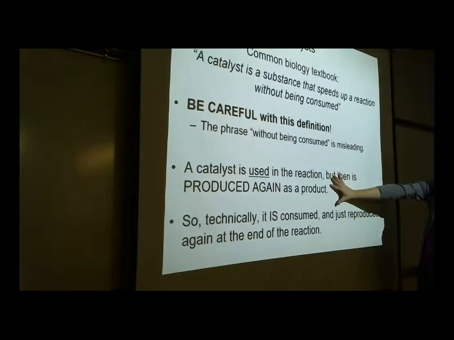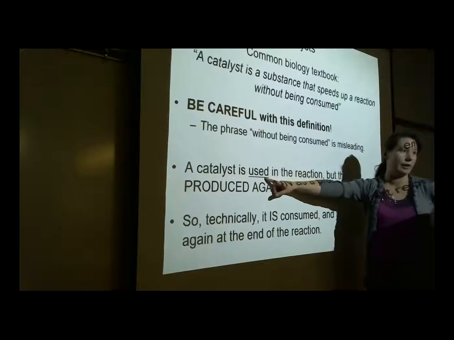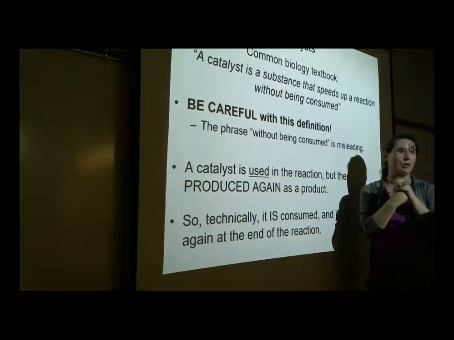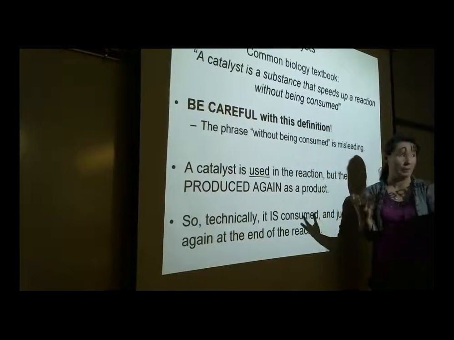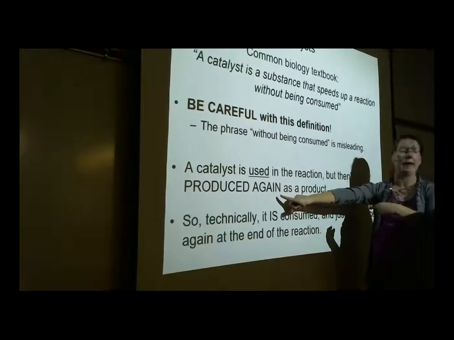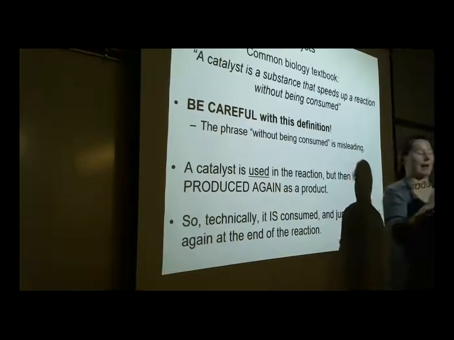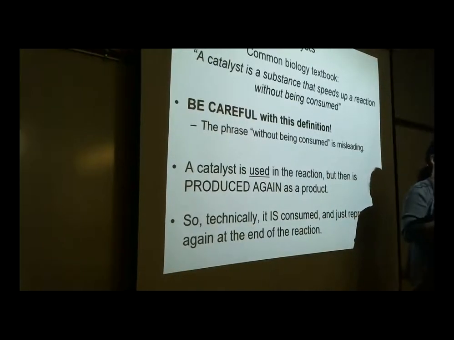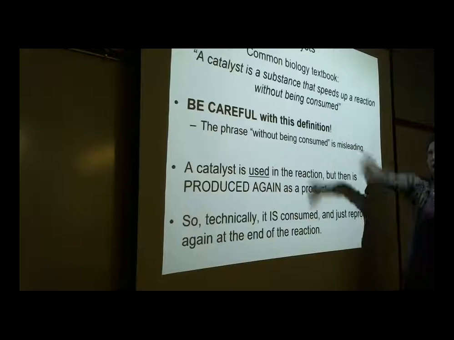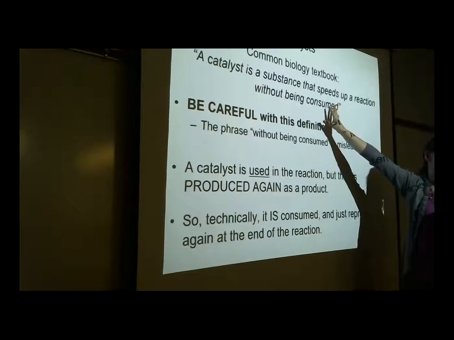So a chemical catalyst does get used in the reaction, okay? It does collide with those reactive particles, and it does get used up. But then it gets produced again at the end. We're talking about a chemical catalyst. Now, if we're talking about an enzyme, it's a protein, they're a different story. And that's probably what your biology book is referring to, okay?